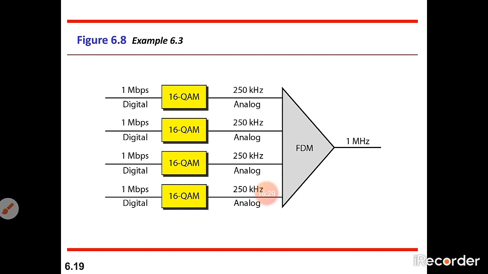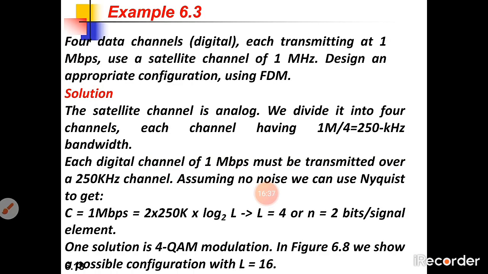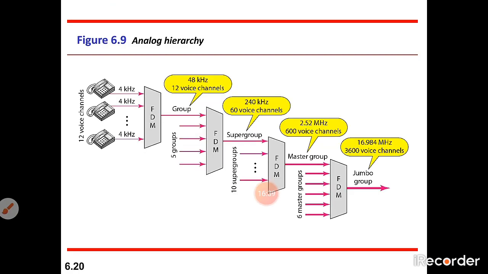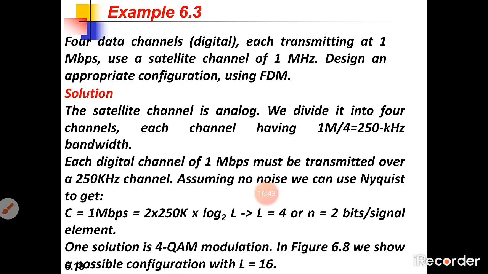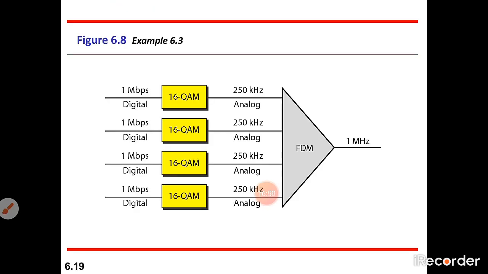The 1 megahertz is the final multiplexed bandwidth. How many channels are there? 4 channels. So we divide the 1 megahertz by 4, and we get 250 kilohertz for each channel.